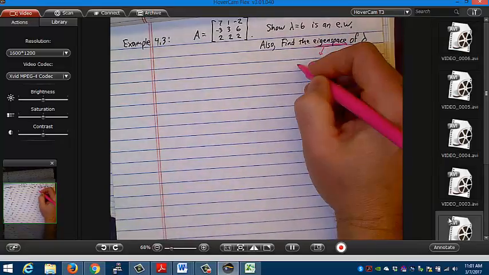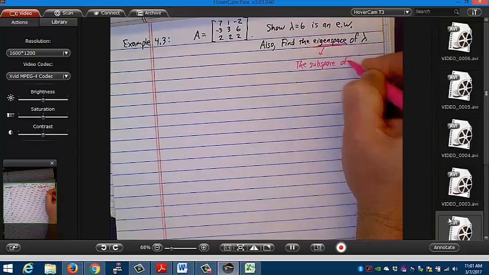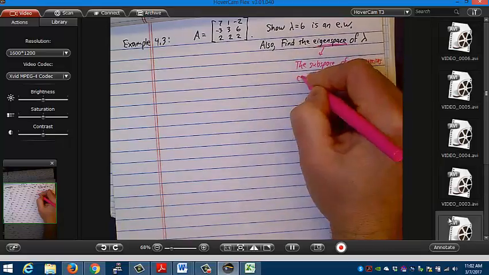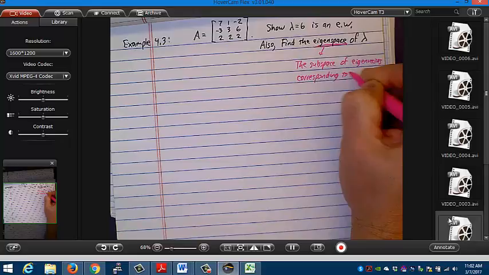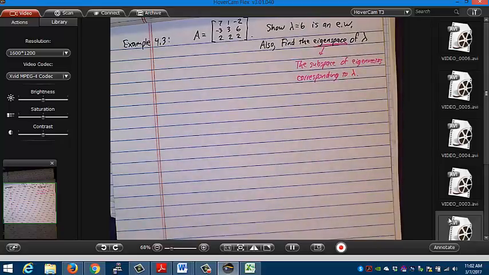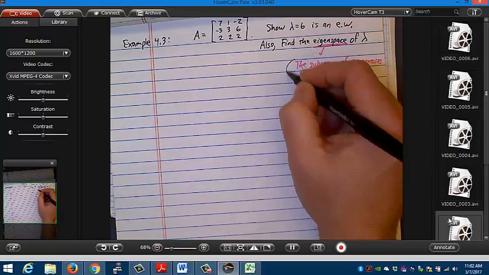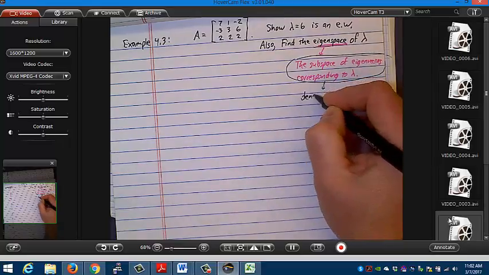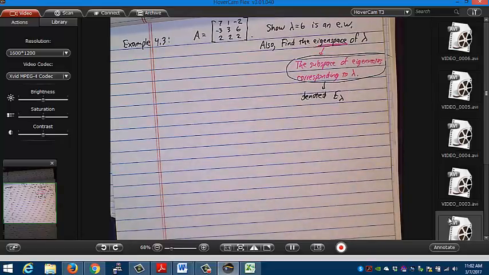This is the subspace of eigenvectors corresponding to lambda, and that's what we call the eigenspace, denoted by E lambda. Okay?